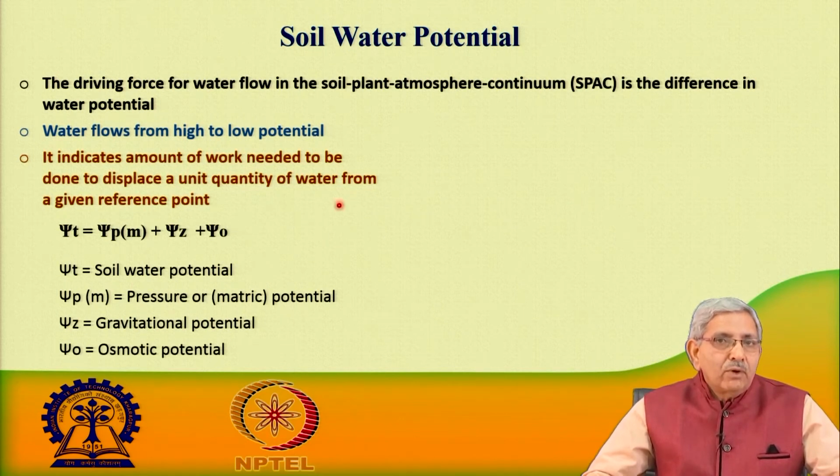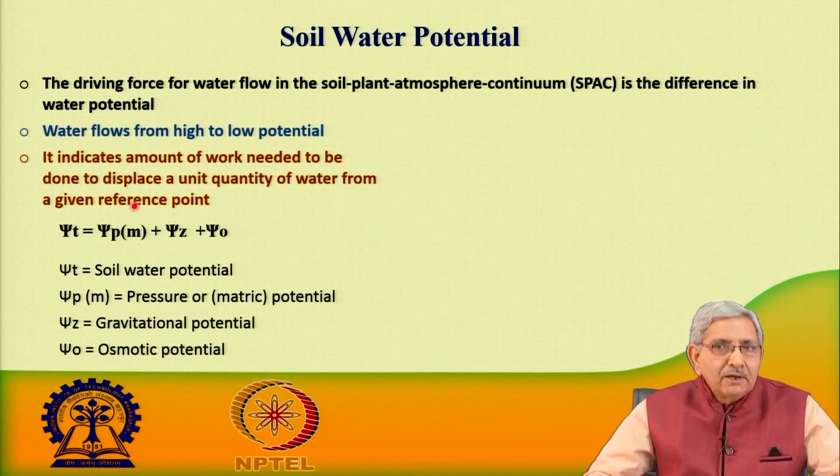Now, the total soil water potential can be explained by this equation, which is equal to the summation of the matric potential, the gravitational potential, and the osmotic potential, means all three potentials added. The matric potential is because of the soil moisture content, means the amount of water which is held by the soil particles, so matric force comes into picture.